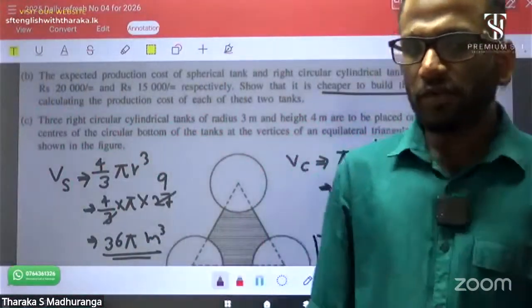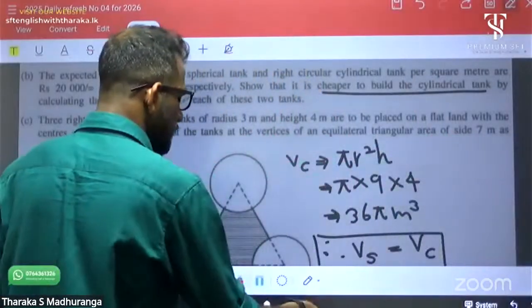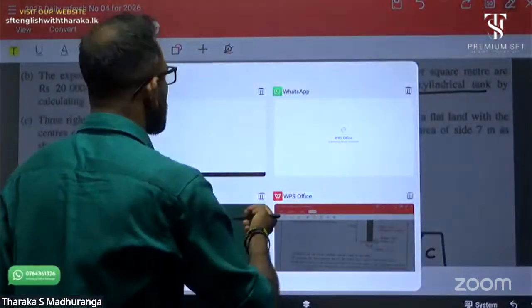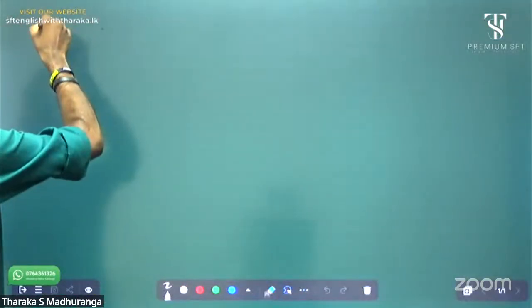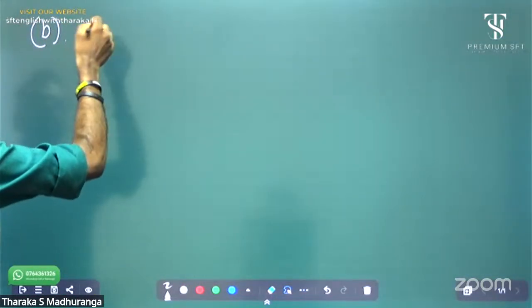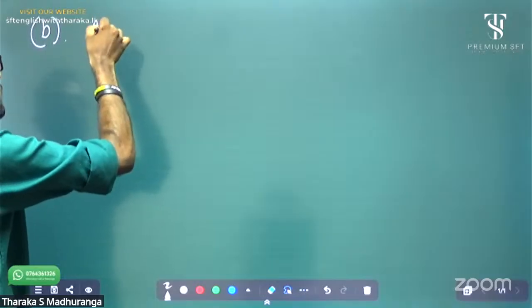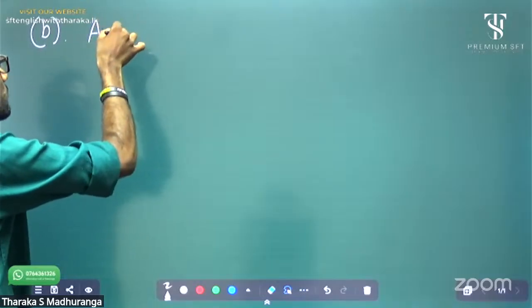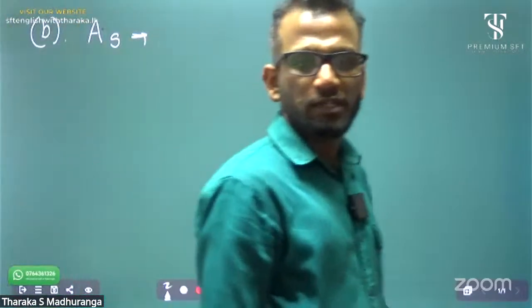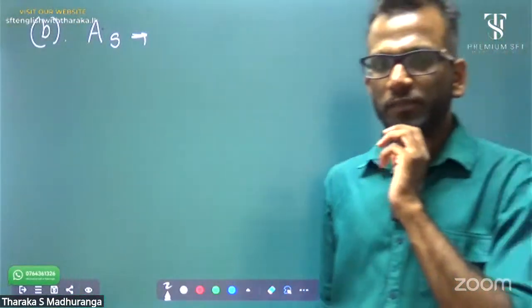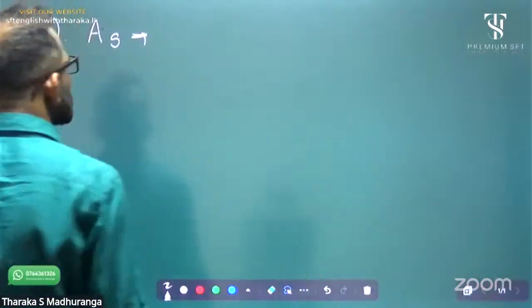Okay, first of all, you can calculate the total surface area of the sphere. This is part B. What is the equation for the surface area of a sphere? 4 pi r squared.